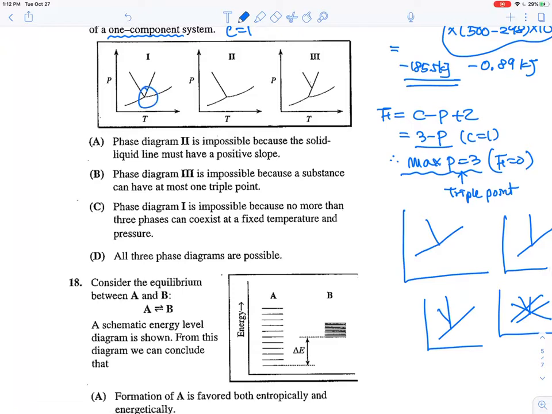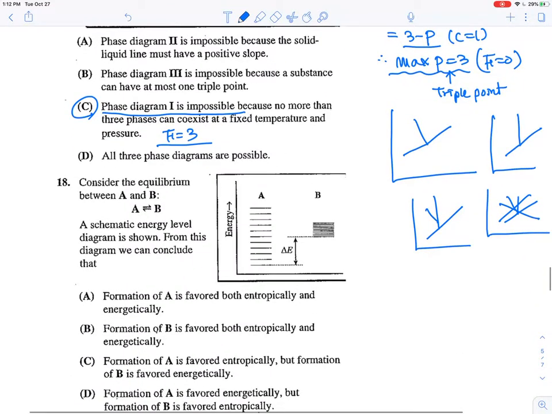So for example, this one is not allowed, and so phase diagram 1 is impossible because no more than 3 phases can coexist. That's the maximum degree of freedom. And here, okay. So if that's the case, that's the one.